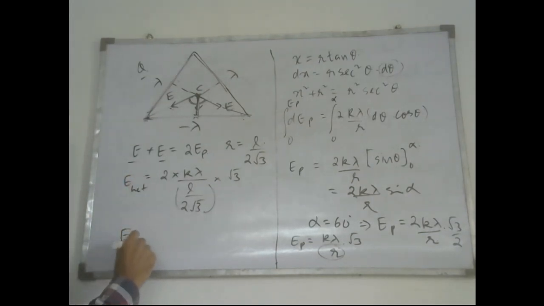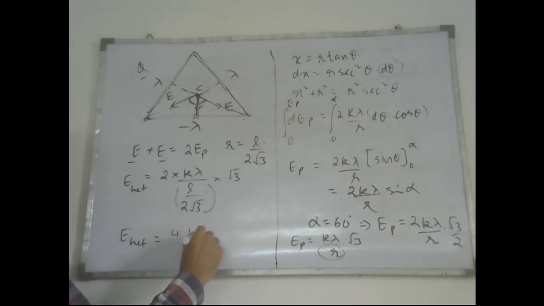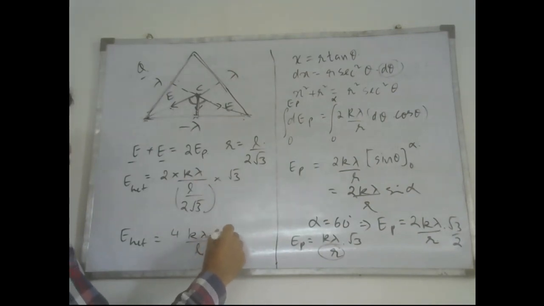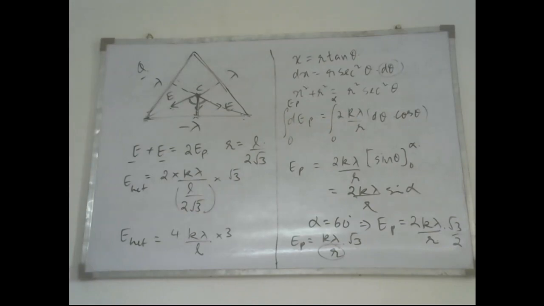So the net electric field would come out to be 4k lambda by L times 3, because the square root 3 would go up, multiply and give 3.